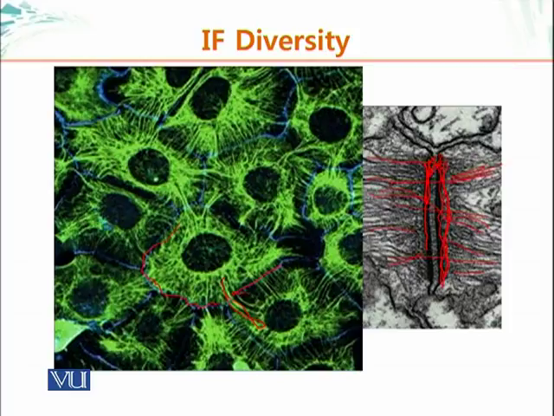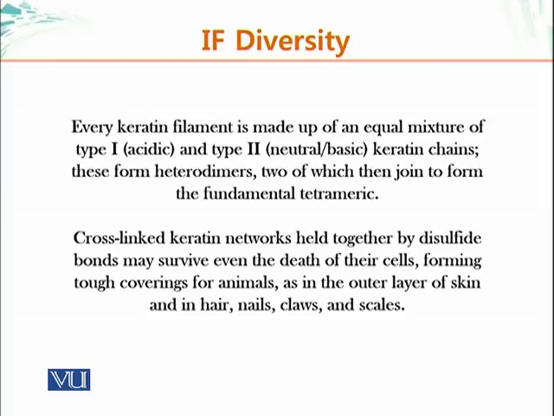I just wanted you to appreciate the extensive network of a special type of intermediate filaments, called keratin filaments, in the epithelial cells. Now, let me tell you a few more things about intermediate filament diversity.